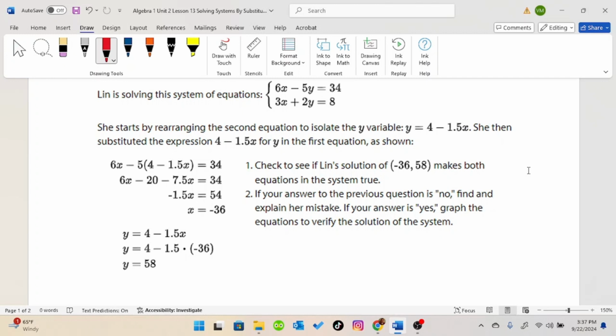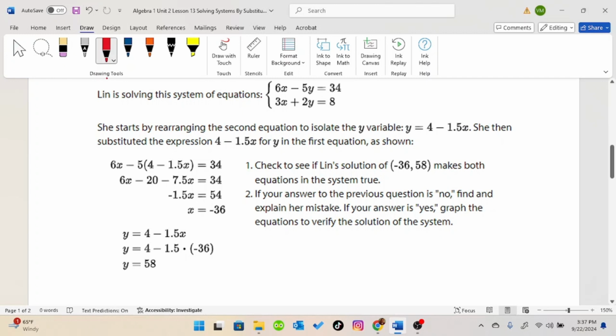She then substituted the expression 4 minus 1.5x for y in the first equation as shown. Number 1. Check to see if Lynn's solution of negative 36 and 58 makes both equations in the system true.